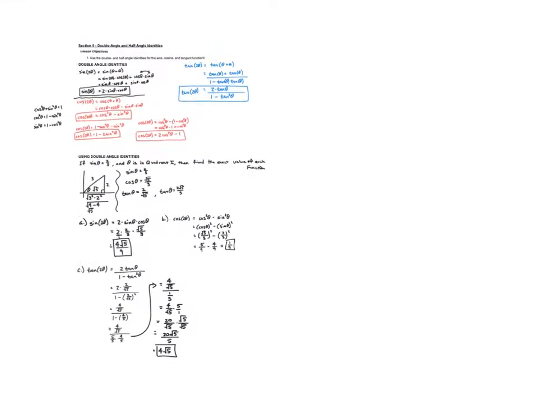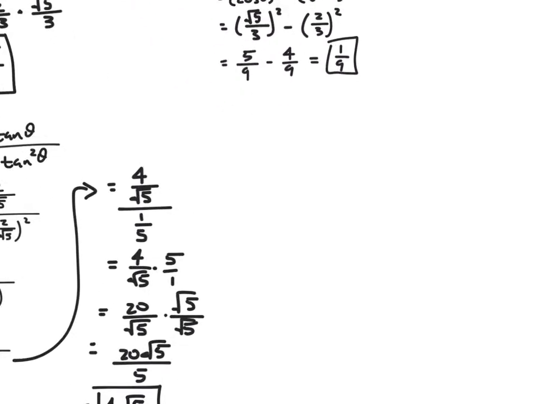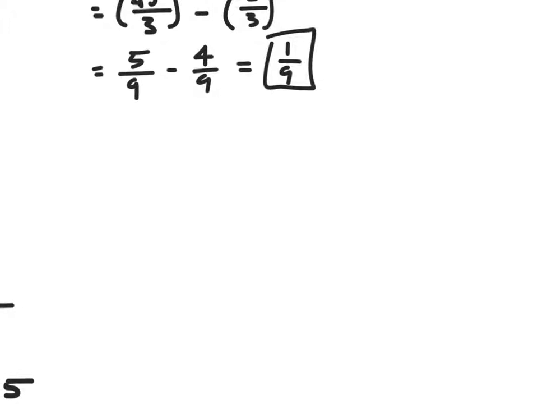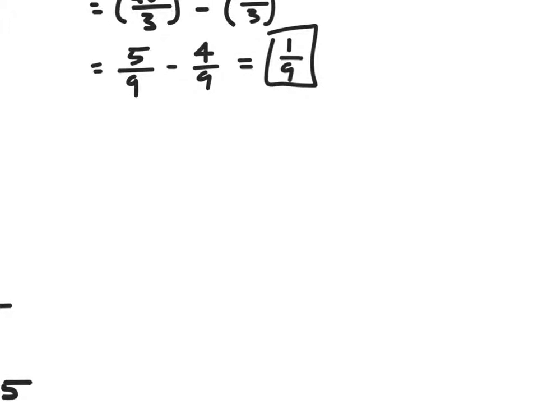So let's do part D, which is cosine of 4 theta. All right, so part D, we want to do cosine of 4 theta. Now what I can do here is, on this guy, 4 theta is taking the double of the double.